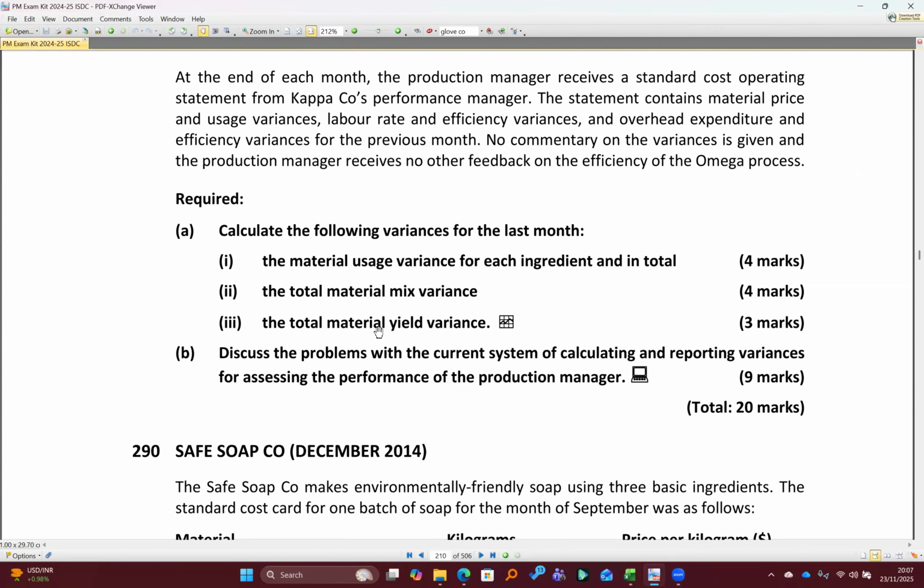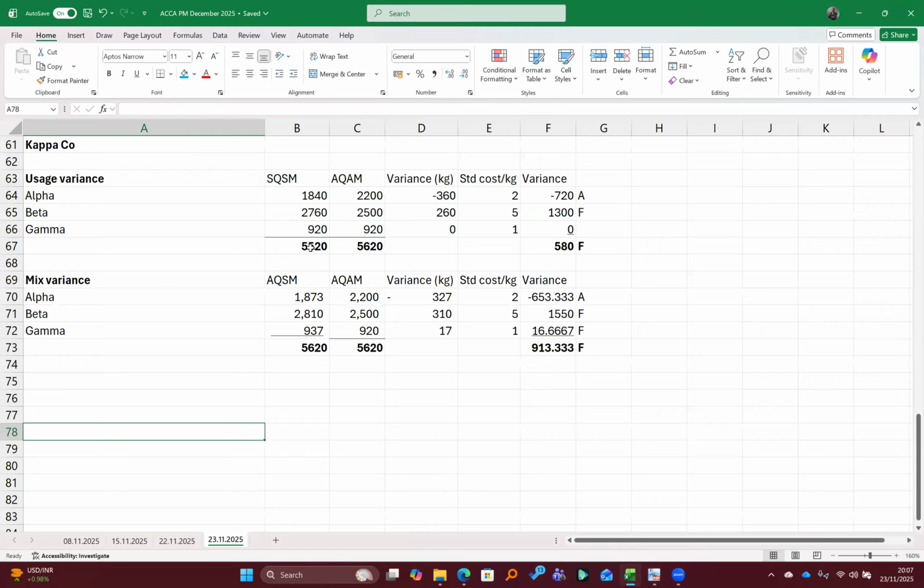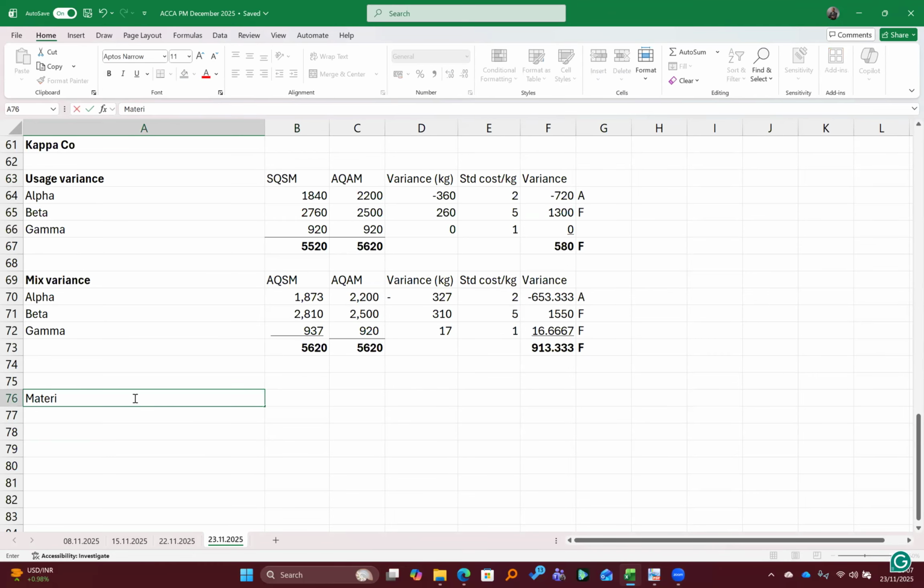Now we need to get the material yield variance. So this is the standard quantity standard mix. When you come to the material yield variance, yield means output.